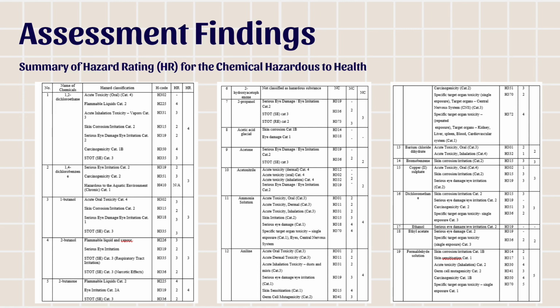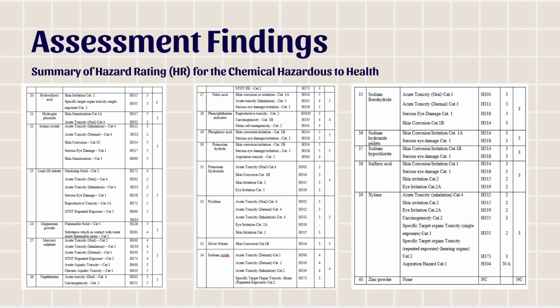Other chemicals received higher ratings because they may cause more serious health effects. Formaldehyde, for example, received a hazard rating of 5 due to hazard classifications such as carcinogenicity and specific target organ toxicity.